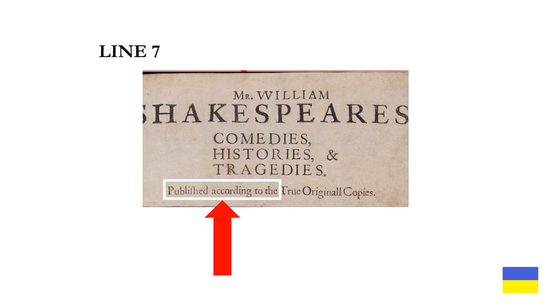I base it on the spaces between published according to the true. As you can see, the gap between true and original is far narrower than it is for the previous words.